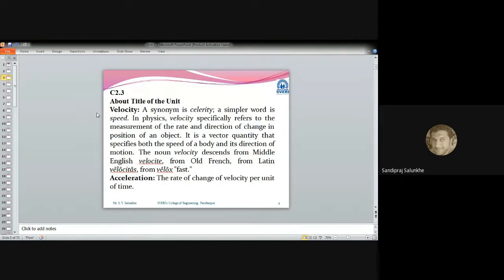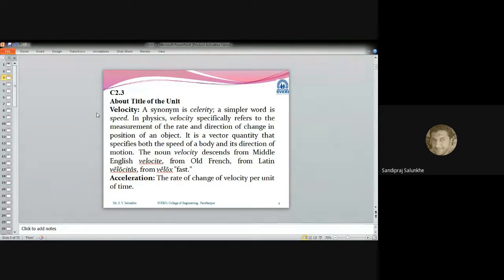The word velocity comes from the Latin word velox, which means fast. From that it has been derived, and it has become velocity. In our daily life also we use this term, but in a different manner.